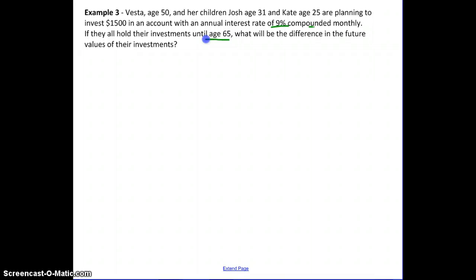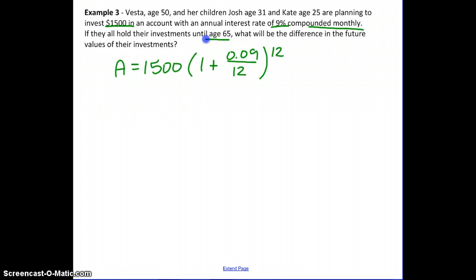So 9% compounded monthly, $1,500 is what they're putting in. So I'll do Vesta and then we'll split up for the other two. So for Vesta, we're looking for her future value. The principal is $1,500 times 1 plus 9%, monthly is 12. And 12 times, how long does Vesta have until she's 65? 15 years.